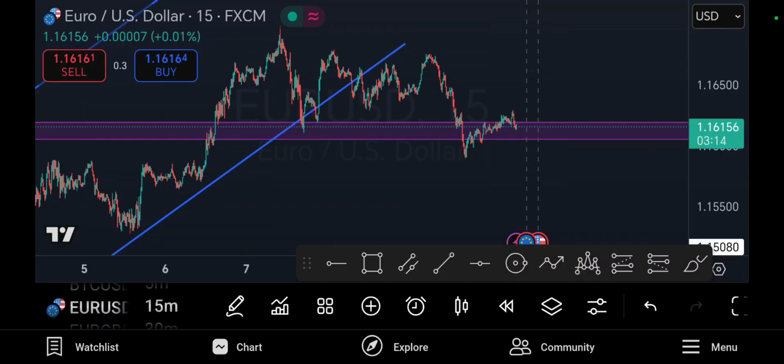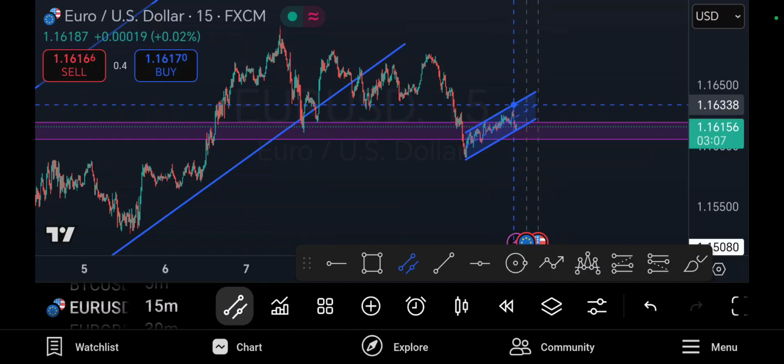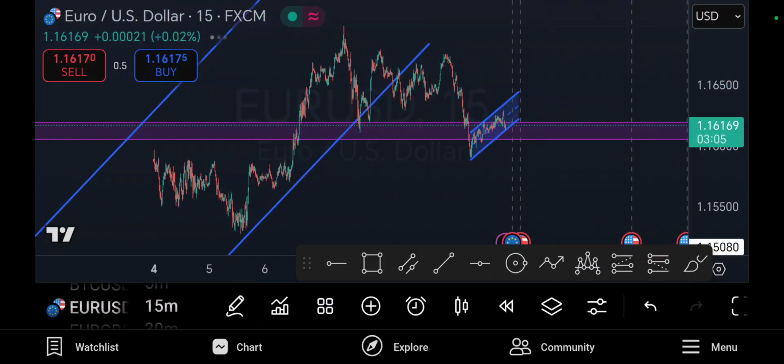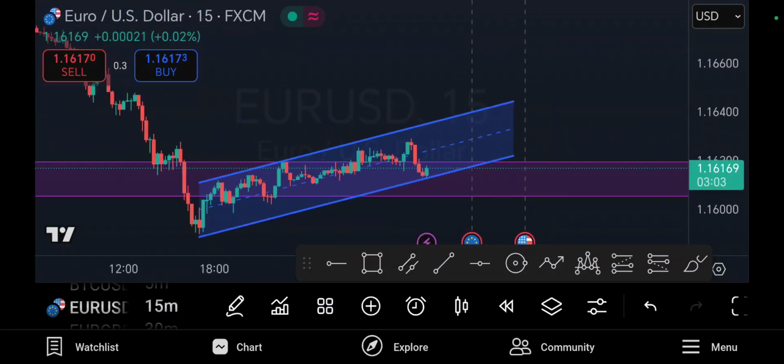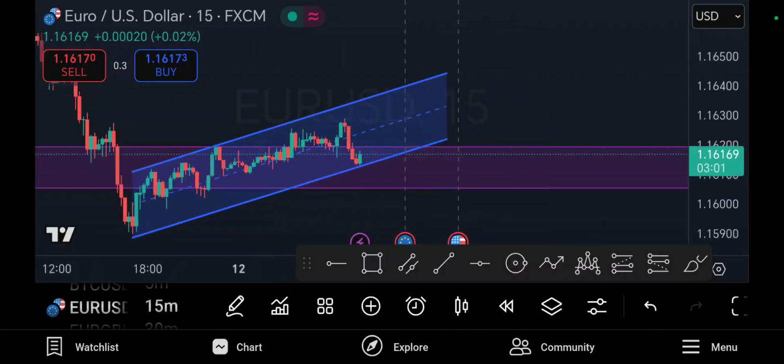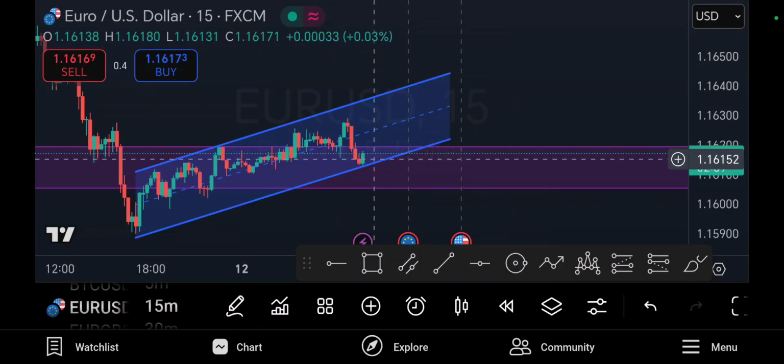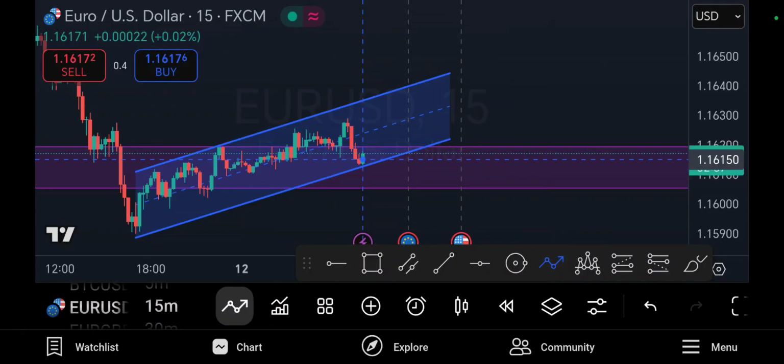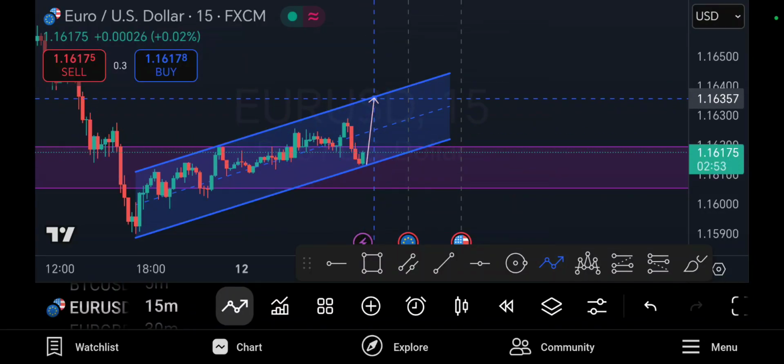Okay, so that got moved. So this is what I was saying. You see, even on the 15 minute, it's still making sense. So with that being said, maybe the market might just come back here. Maybe retest, give us that.